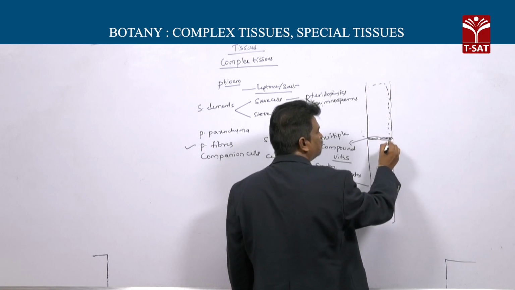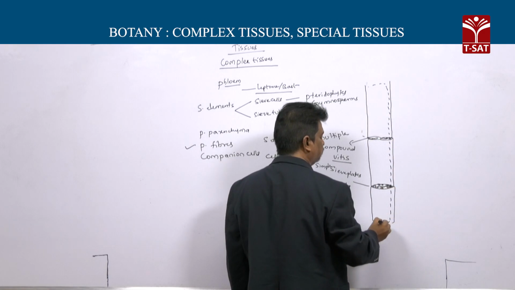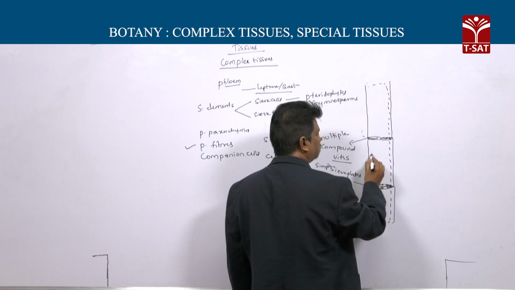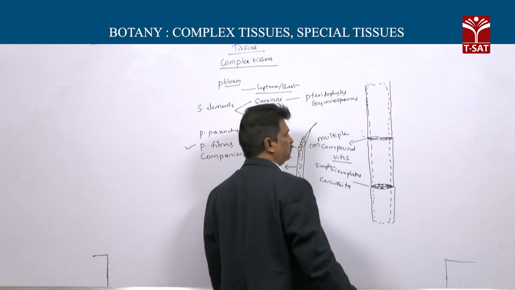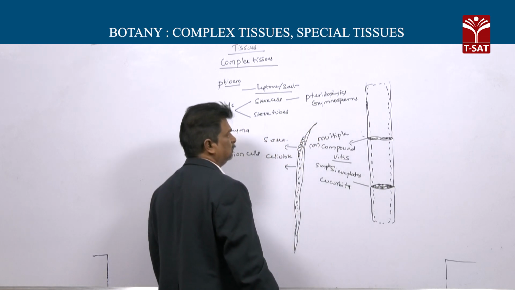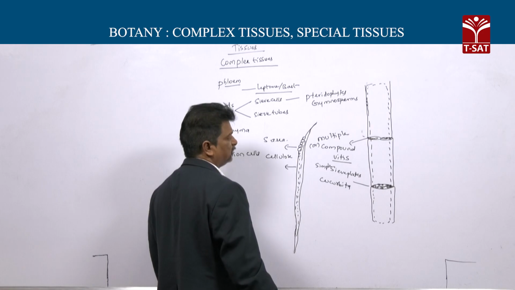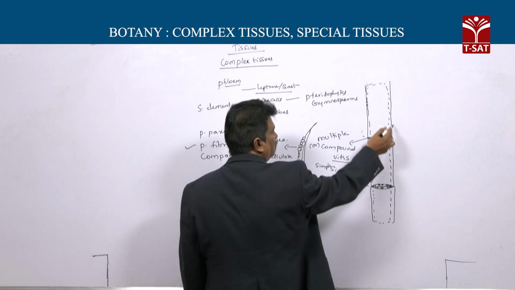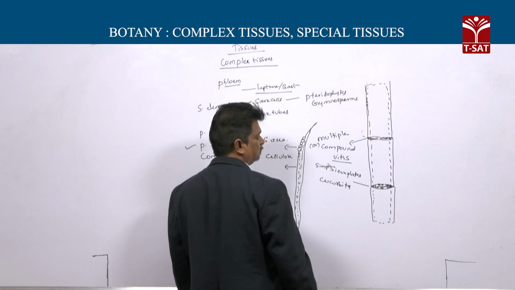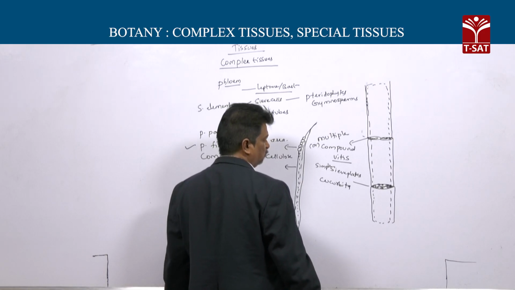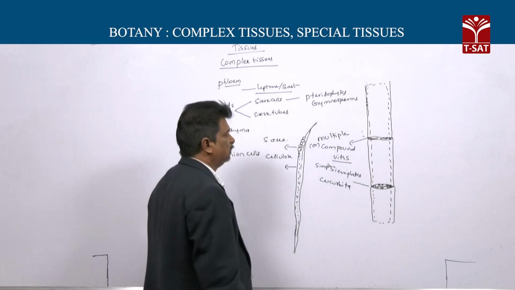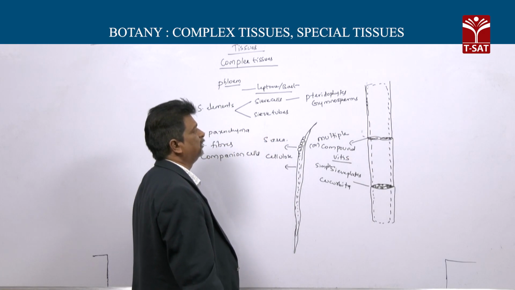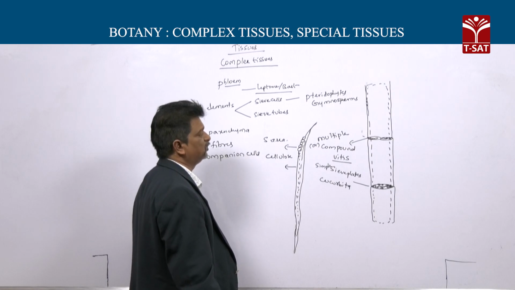The sieve tube is enucleated when matured, and it contains vacuolated cytoplasm. Then the cytoplasm shows streaming movements, or cytoplasmic movements. And the sieve tubes are useful for conduction, particularly the cytoplasmic streaming.